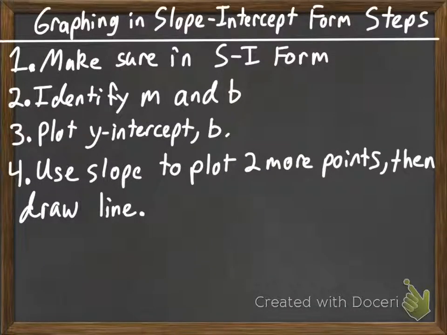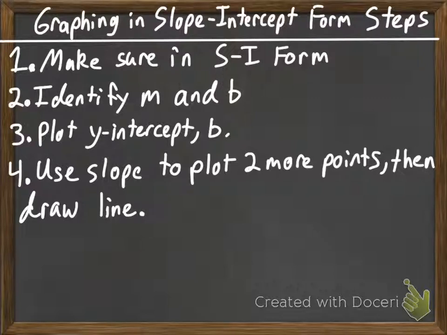Okay, now let's move on to the meat and bones of what we're going to be talking about, the graphing. And here are the 4 steps I want you to follow each time that you graph in slope-intercept form. The first one is to make sure that it's in slope-intercept form. You want to make sure it's in SI form before you actually go on to any of the other steps. Now sometimes they'll be there and ready for you, sometimes you might have to manipulate them.